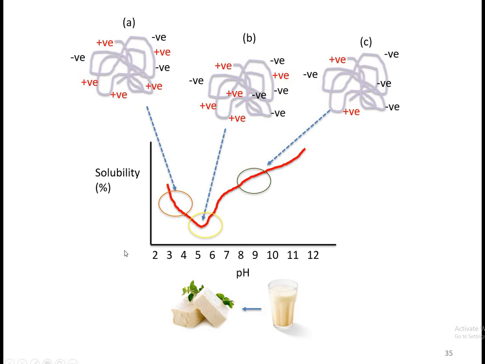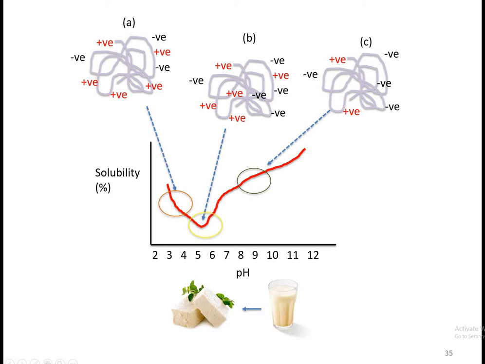Okay, to illustrate, suppose you have soya beverage here. After heating, there are going to be lots of denatured proteins here, but you can drink this soya beverage. It is in liquid state. You see the solubility is very high as it moves far away from the isoelectric point.